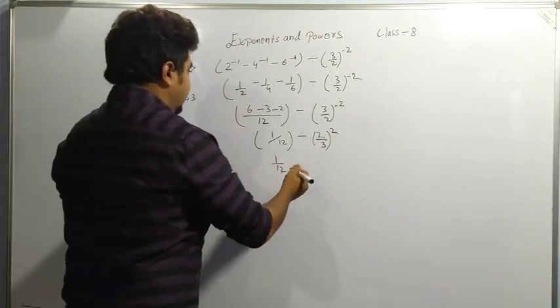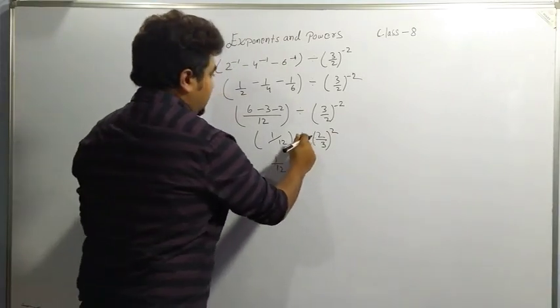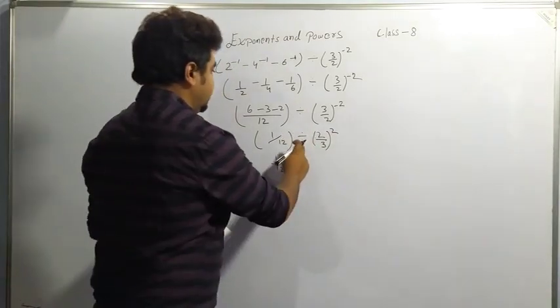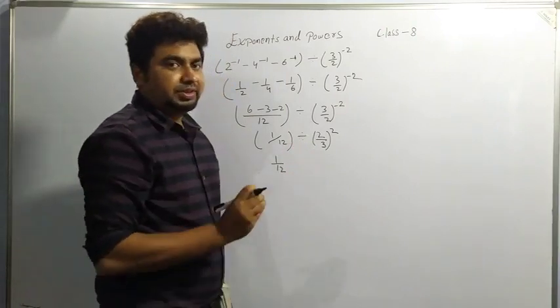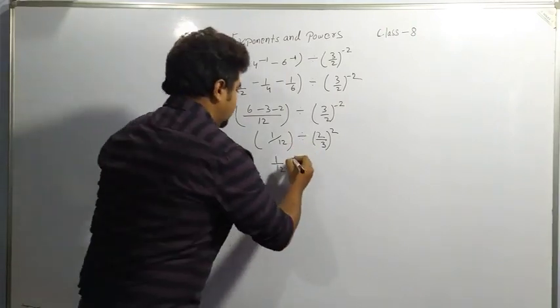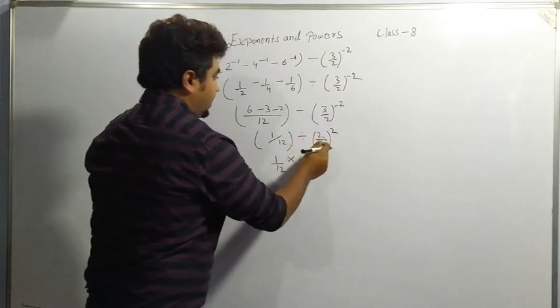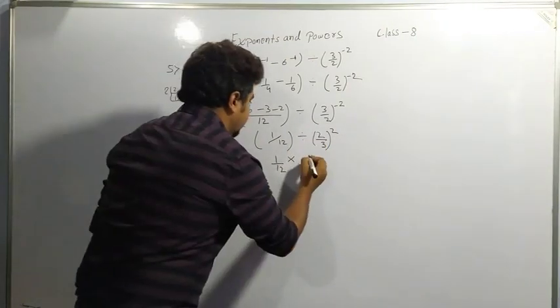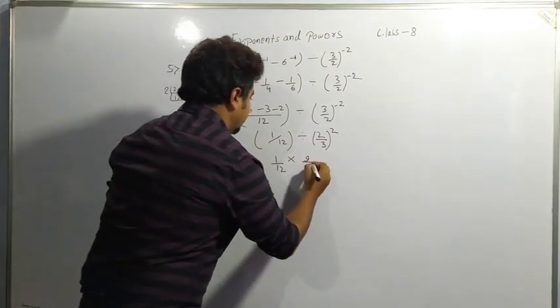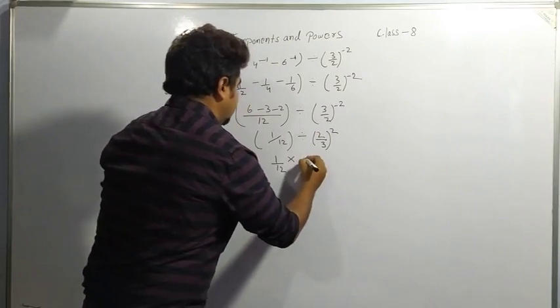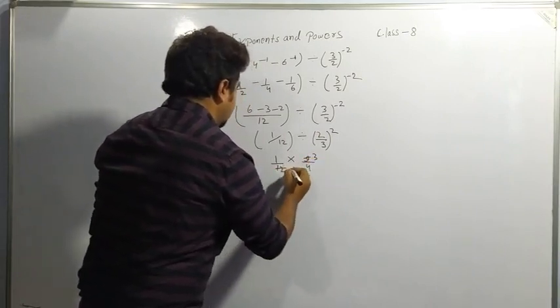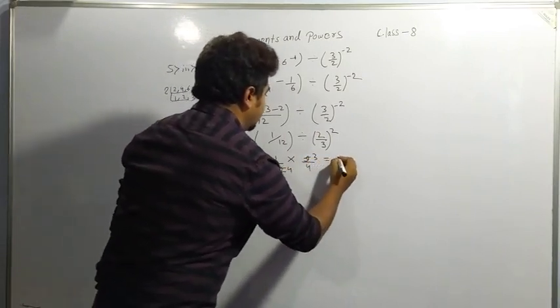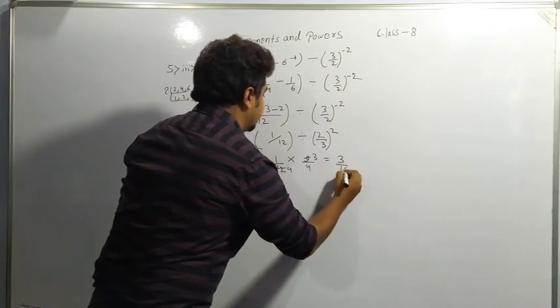If we want to change the sign of division into multiplication, again we have to make it a multiplication sign and then we have to reciprocate it. This is 9 by 4. This is 3 3s are, this is 3 4s are. It is coming out to be 3 by 16.